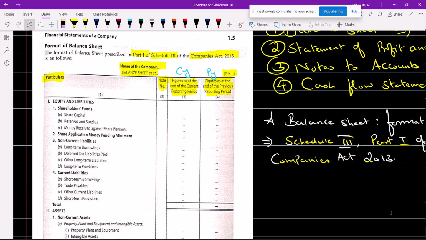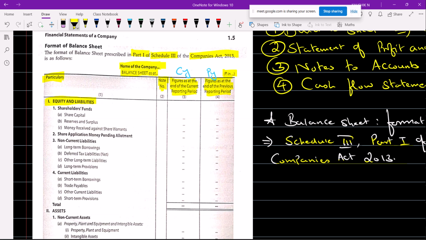So you could see here the balance sheet of a company is now showing Roman number 1, equity and liabilities. What is this equity and liabilities? It is nothing but the liability side of the balance sheet that you learned in grade 11, now getting a name called equity and liabilities.